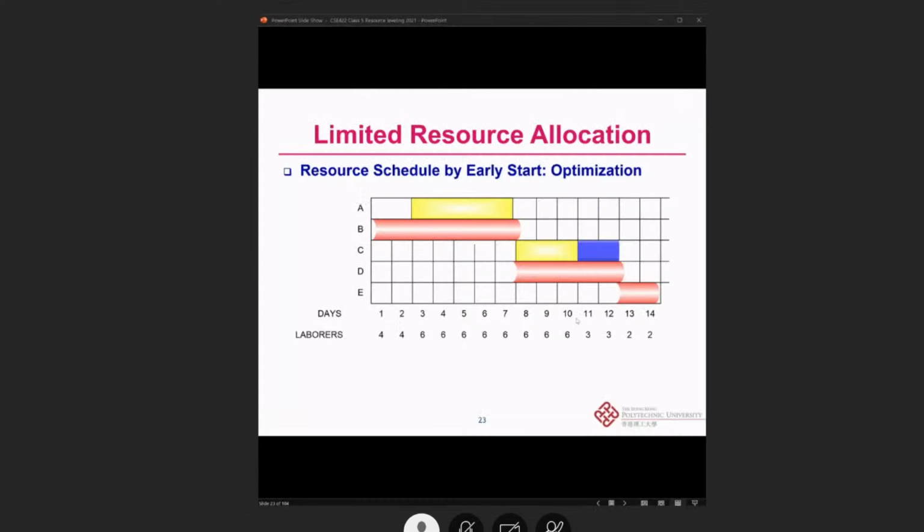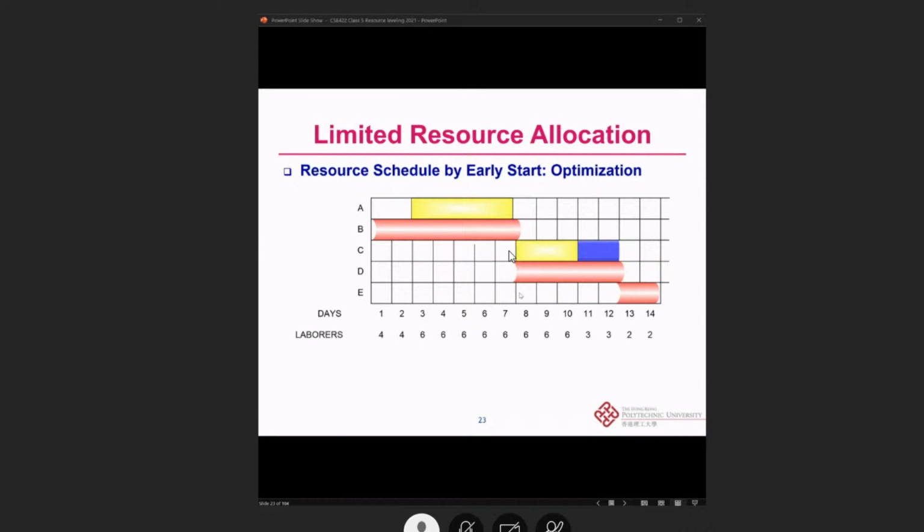This is not what the worker or the company wants to see, right? So instead, we say, how about we just hire them directly from day 3 to day 10, and work on the activity A and also activity C continuously. So this is why we also do this kind of resource optimization.